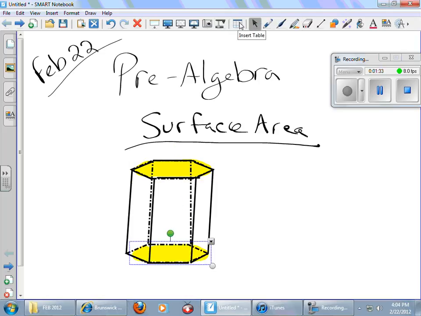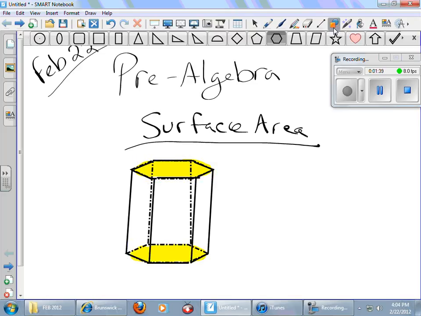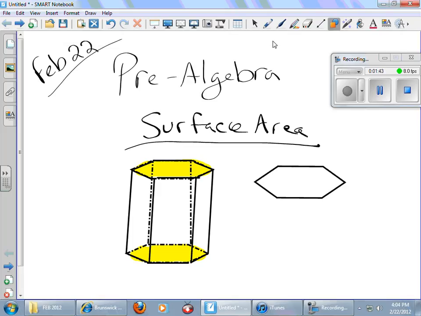Let's say that in this problem, they told you the area of the hexagons is, I don't know, say 100 meters squared. They also tell you that the prism here is 30 meters tall.